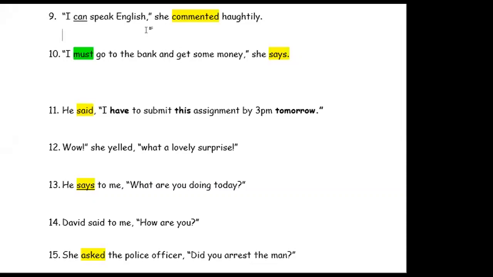Number 13, ma'am. Number 9. So I see Christopher has answered it already. She commented haughtily that she, now remember, "can" changes to "could" in the past tense, right? That she could speak English.